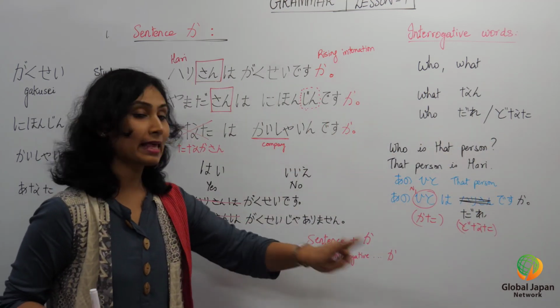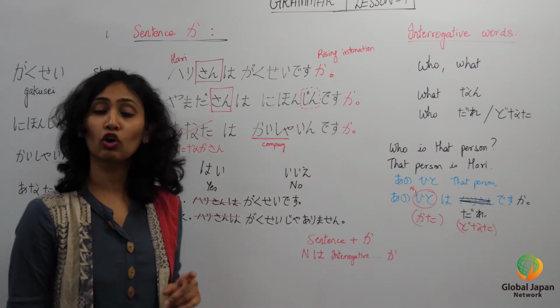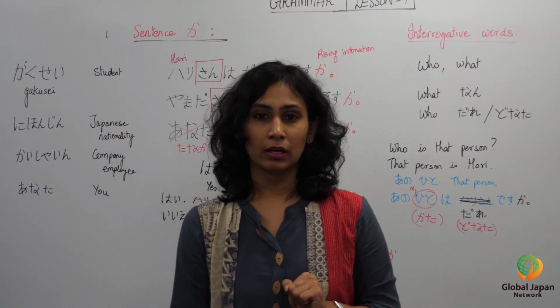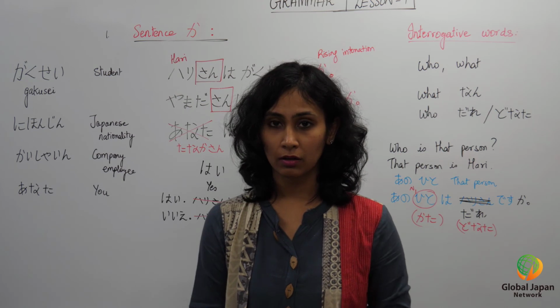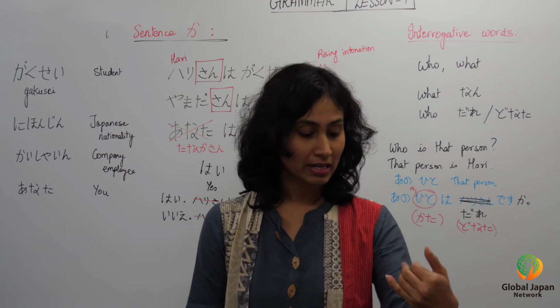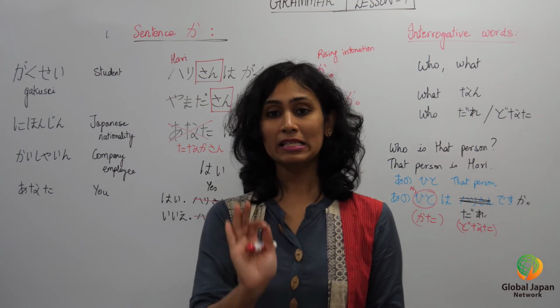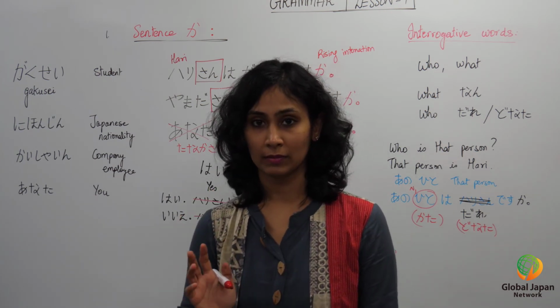This is the second pattern of question framing. And in between, we also understood about the name suffix. The only name suffix which I want you to remember now is san. So whenever you refer to the other person, the listener, or any third person, his name should be attached with the suffix san.